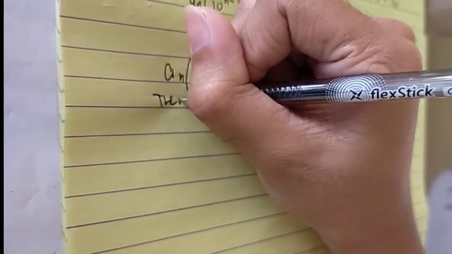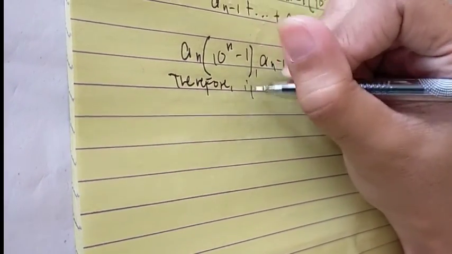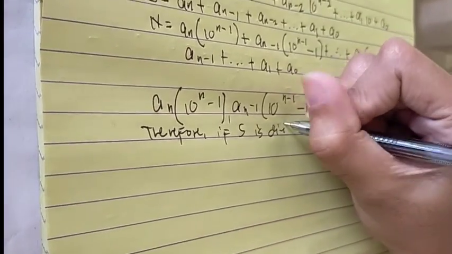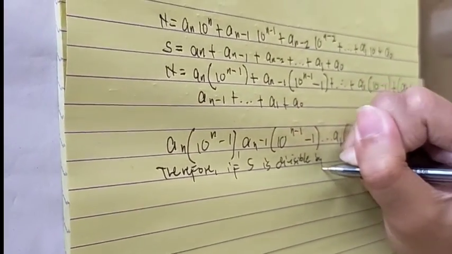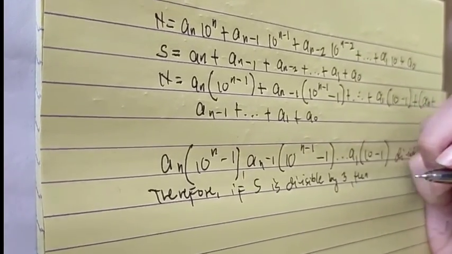Therefore, if S is divisible by 3, then N is divisible by 3.